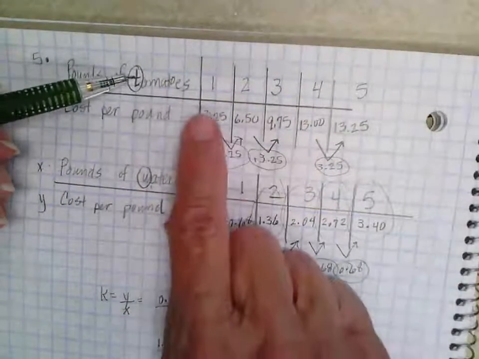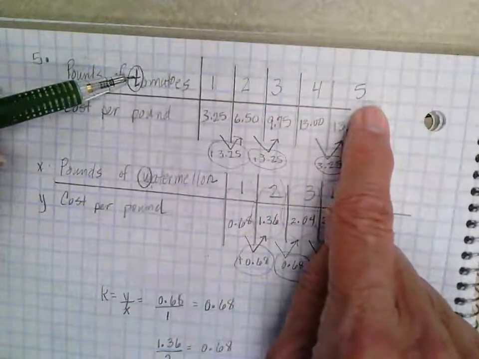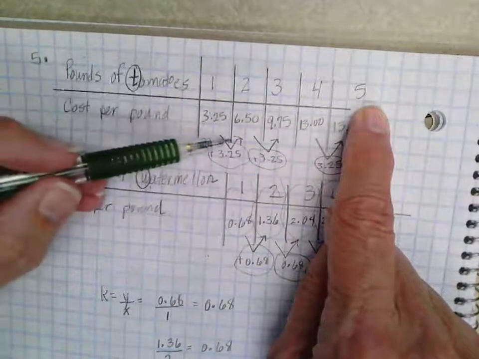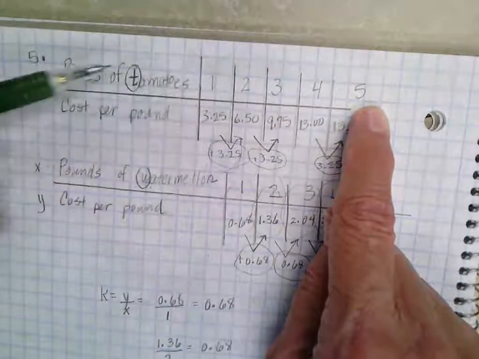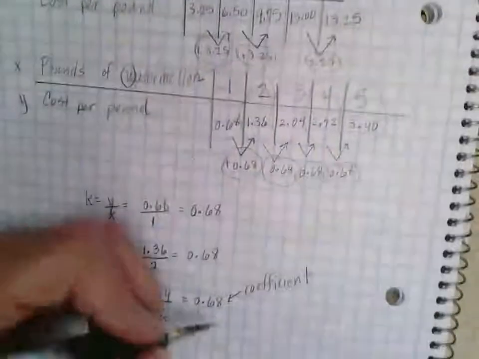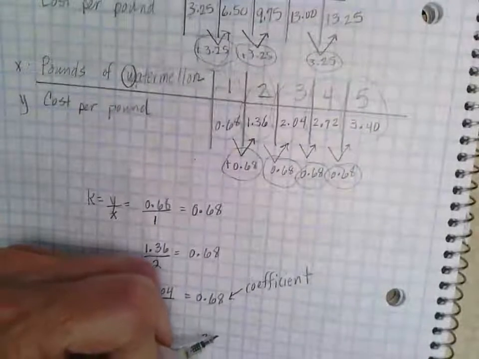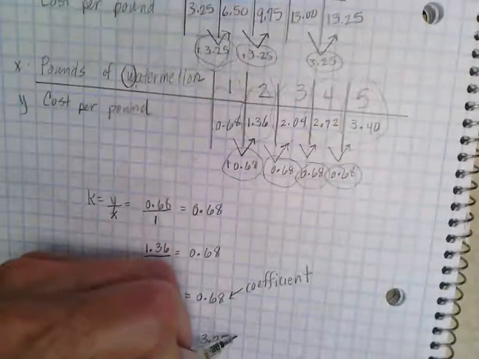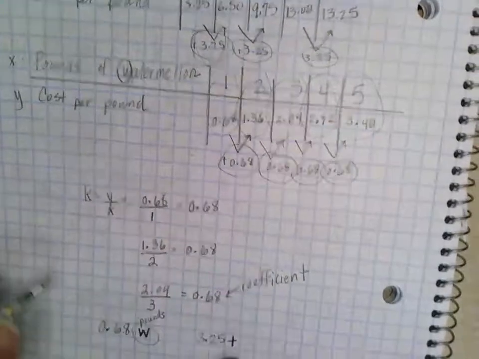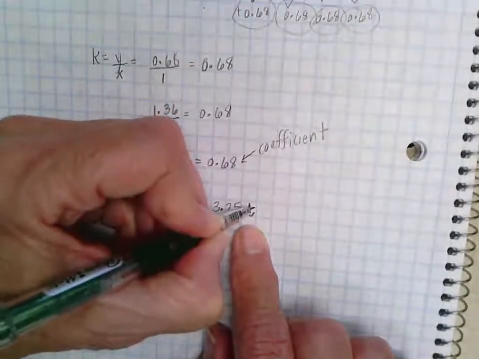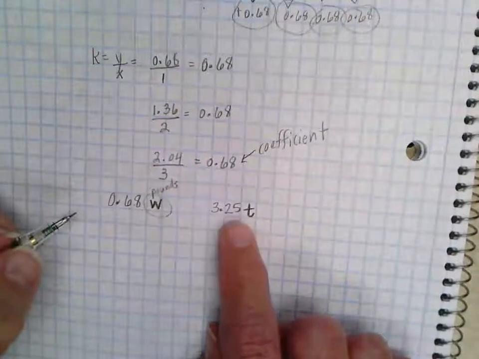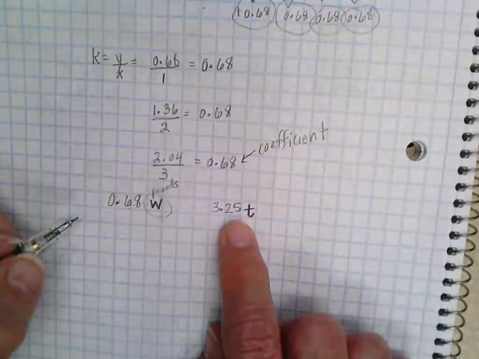So no matter how many pounds of tomatoes I want to buy, if I use this times the number of pounds, I can get my cost. So $3.25 times T, that's not a plus sign, that's a T, will give me my cost for my tomatoes.